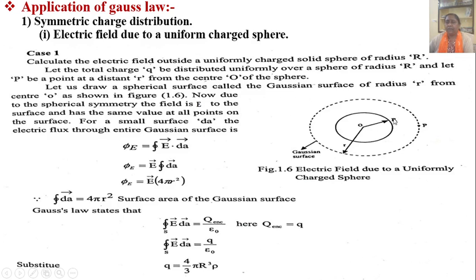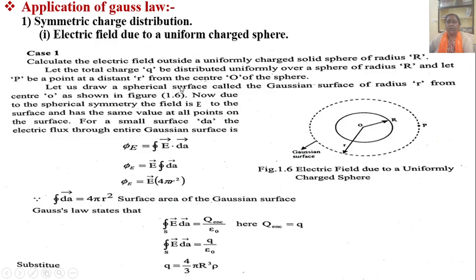See in figure, that's a uniform solid sphere having radius r from the center O. Now, let the total charge Q be distributed uniformly over a sphere of radius r, and let P be a point at distance r. See that point having the distance r from the center O of the sphere.